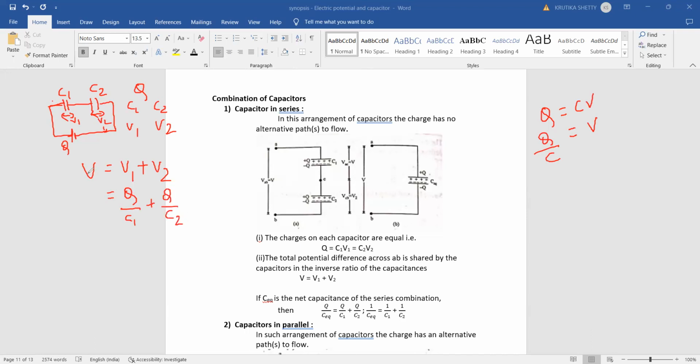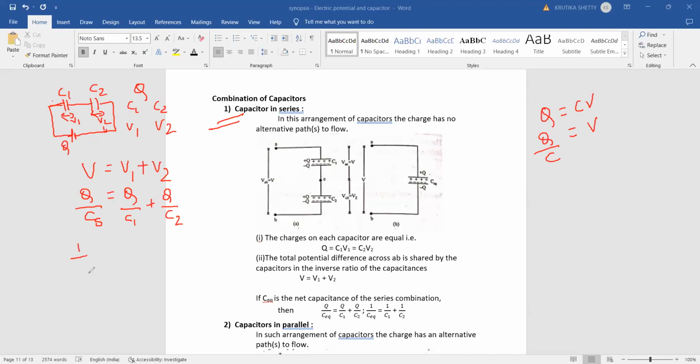So here for this one, it will be Q by C. Let me take it as Cs, Cs is for what? Capacitors in series. What comes common on both sides, on the left hand and right hand side, Q is common. So Q I can cancel on both the side.